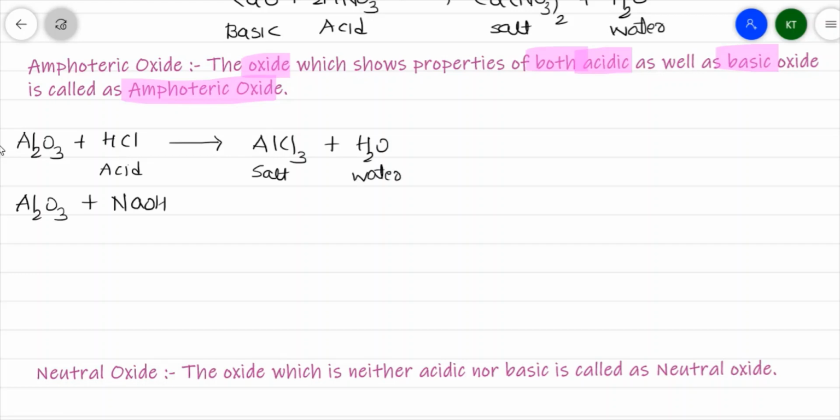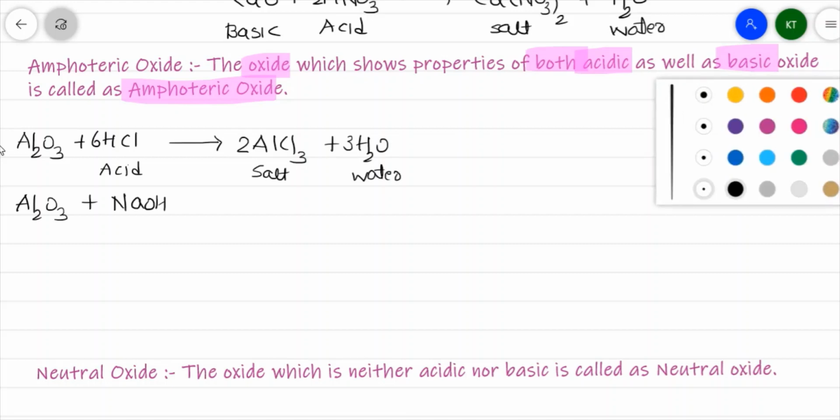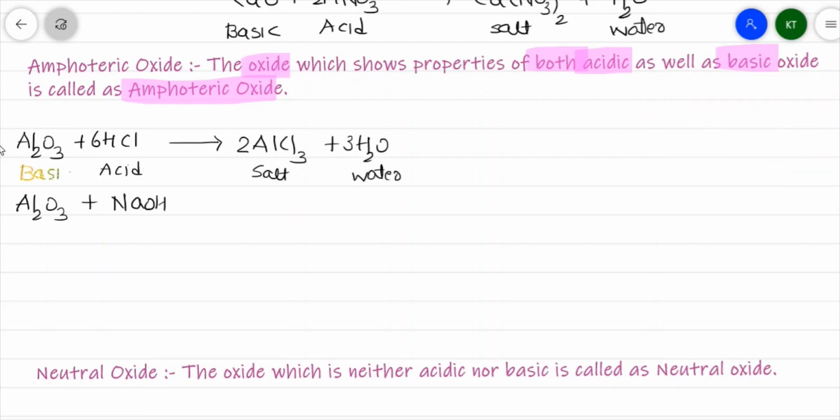First let me balance this. There are 2 aluminium, so 3 twos are 6 chlorines. I will multiply here by 6 and here by 3. Now Al2O3 reacts with acid so as to give me salt and water. So Al2O3 will act here as what? Basic in nature.